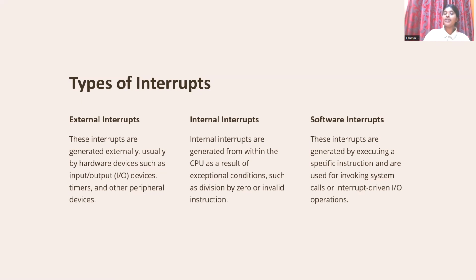Internal interrupts are generated from within the CPU as a result of exceptional conditions such as division by zero or invalid instructions. Software interrupts are generated by executing a specific instruction and are used for invoking system calls or interrupt driven input output operations.